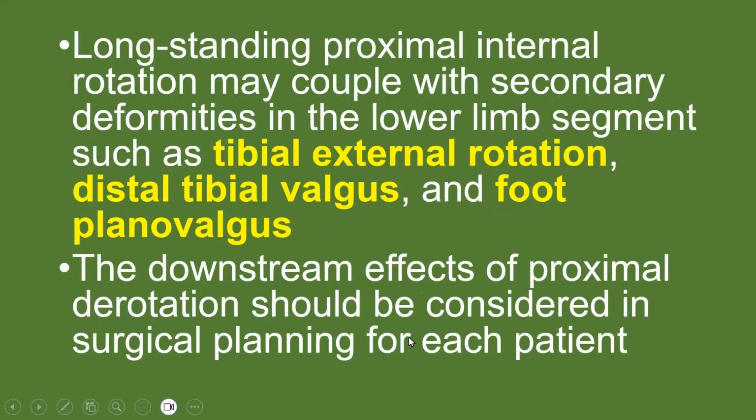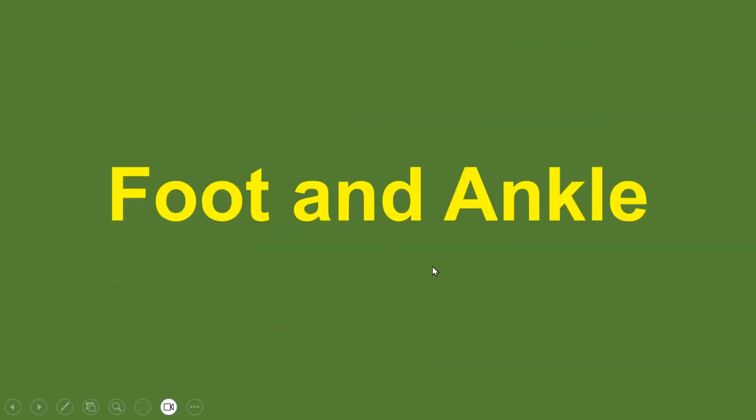And what you should also consider in the leg is that you can have external rotation distally, where you can correct it by a distal tibial rotational procedure, and you have valgus feet. Now, when you have external rotation, you can have an associated planovalgus foot with it. So this we have to take into consideration.